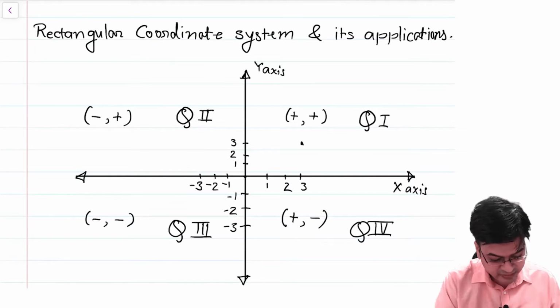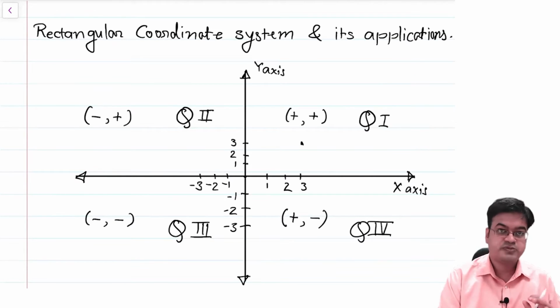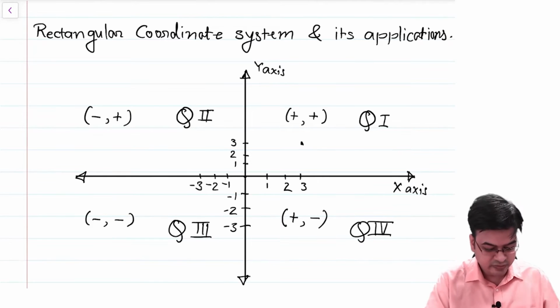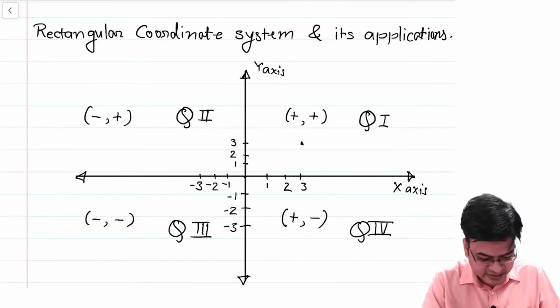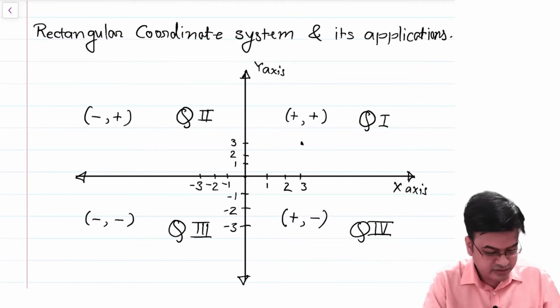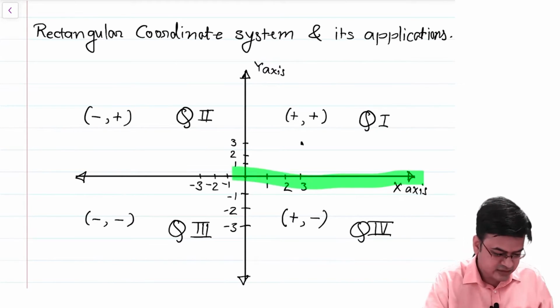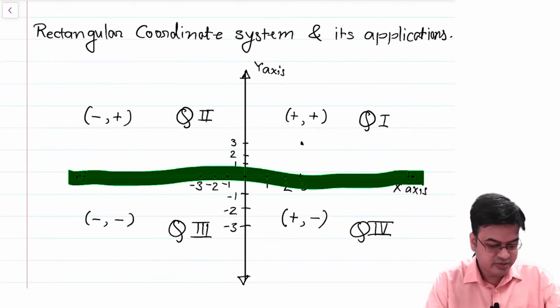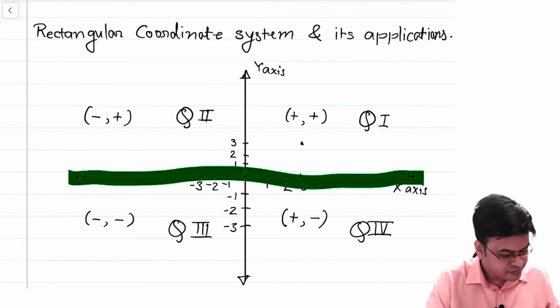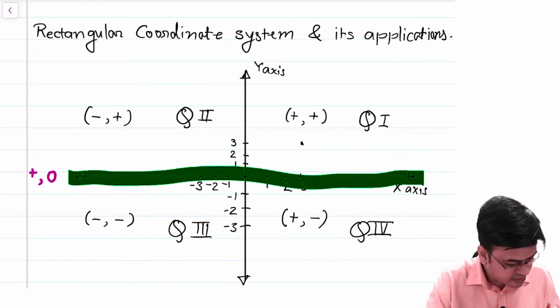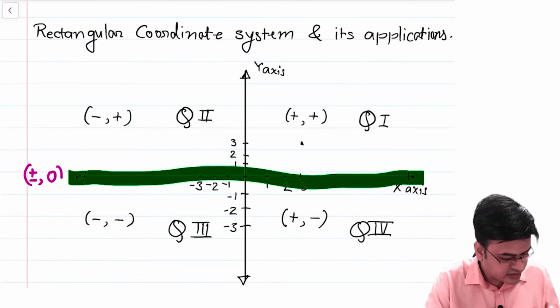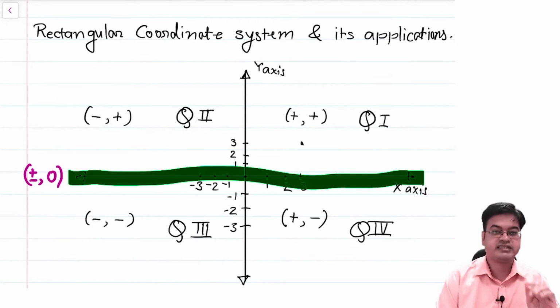So that number is typically treated as a special case. You say that this x-axis will have numbers of the form, let's say, on the y coordinate they will take the value 0 and on the x coordinate there will be either a plus or minus sign. This is the classification of the x-axis.